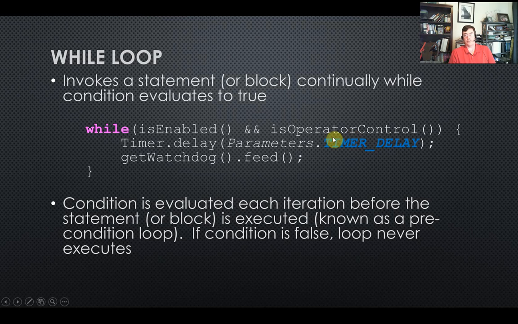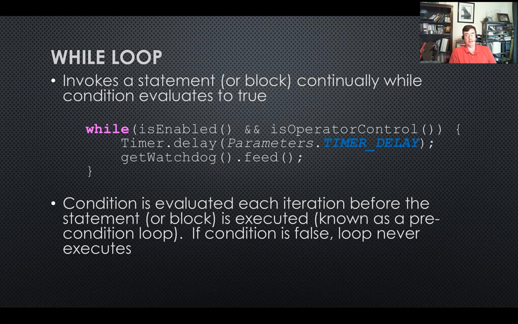If it also returns true, then we'll enter the loop body and we'll invoke the delay member of timer, passing it a timer delay constant. Then we'll invoke the feed member of getWatchdog. This is a little bit interesting. GetWatchdog itself is a method. So we're actually invoking the feed member of the object reference that's returned by this method.